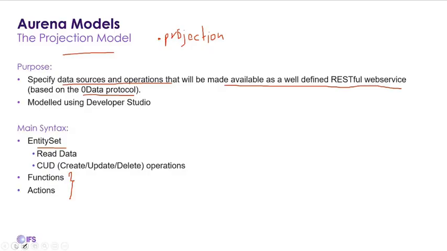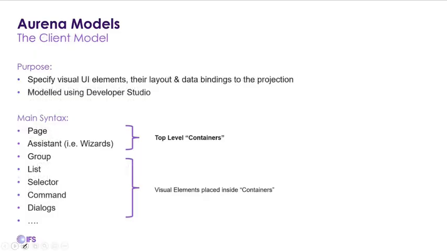Right. So the next one is the client model. Now you are aware that the extension of the client model is client. When we are working with a client model, it contains information about UI elements and their layouts, and also data binding with the projection.